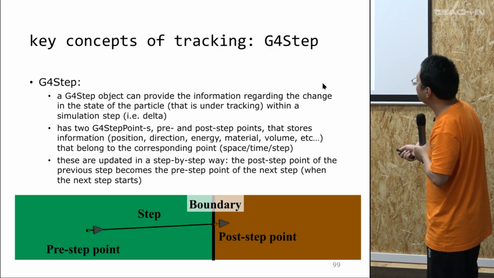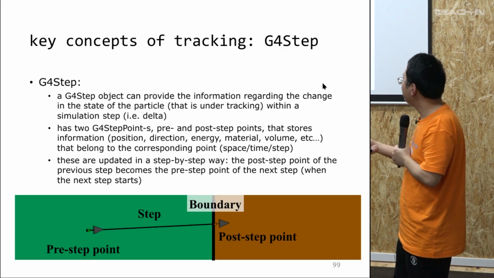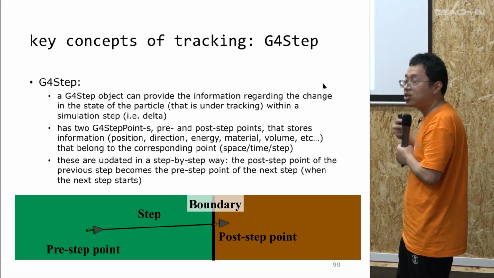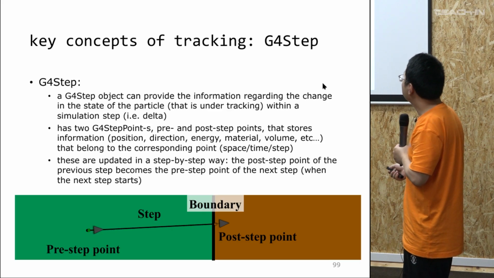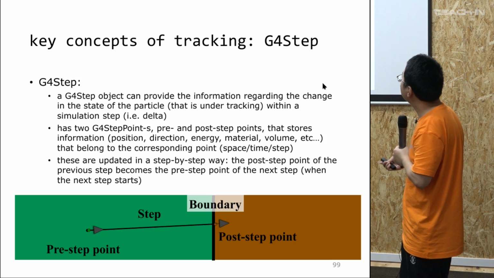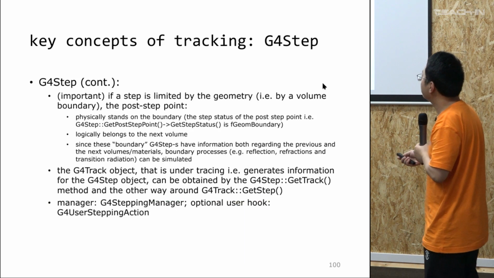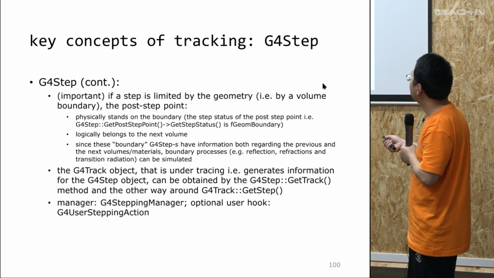According to these step points, you can get, for example, the position and the time information, and then you can get how much energy is deposited in this region. This is some very simple physics, so we can skip this. Then this step information could be used to retrieve all this information.